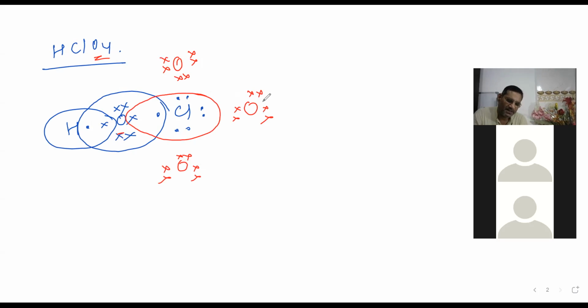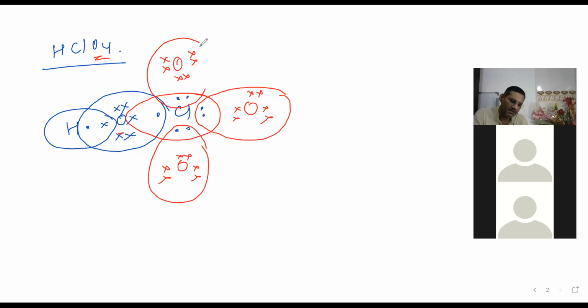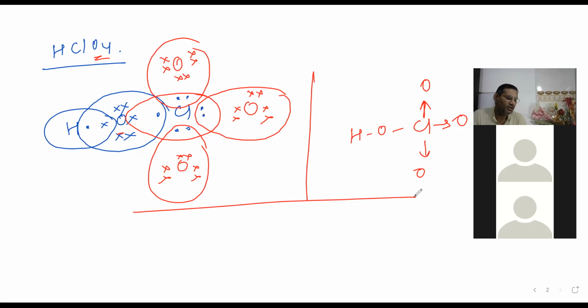These all the 3 oxygen atoms are having an incompletely filled octet. To complete that incomplete octet, this lone pair of electrons of Cl will be shared unequally. Here also it is like this, here also like this. So coordinate bond, dative bond.